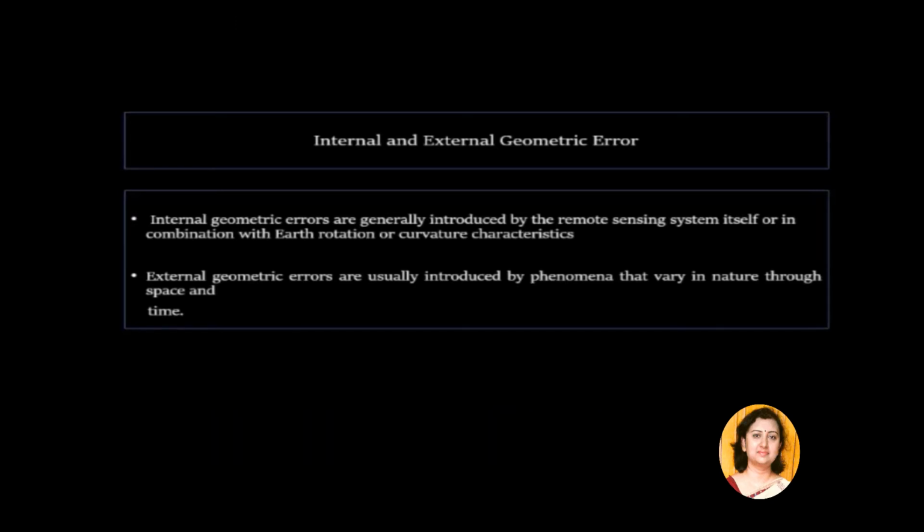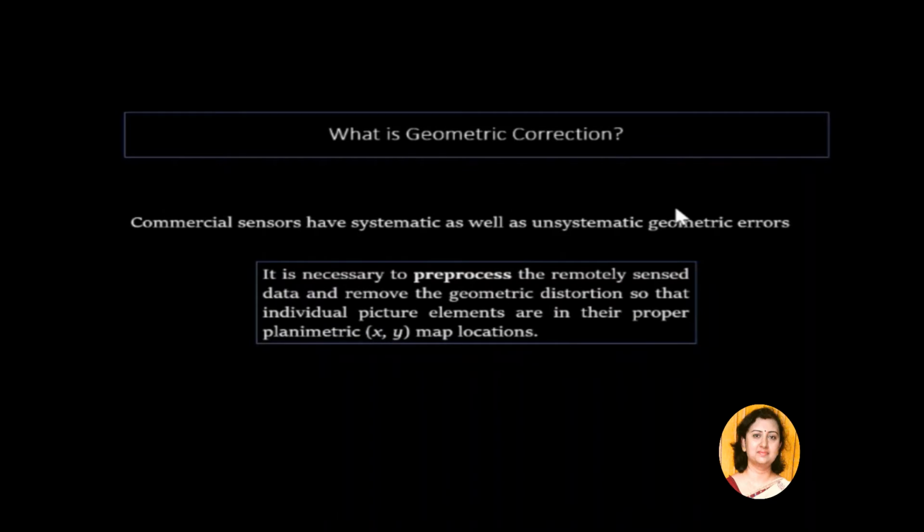So when we are doing geometric correction, we are actually correcting this kind of error, that is the external error or the unsystematic error. See, again, if you go to this slide, what is written here: it is necessary to pre-process the remotely sensed data and remove the geometric distortion so that individual picture elements are in their proper planimetric map locations.